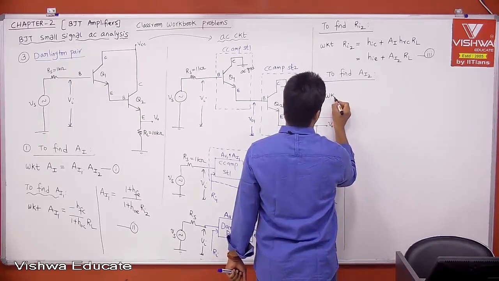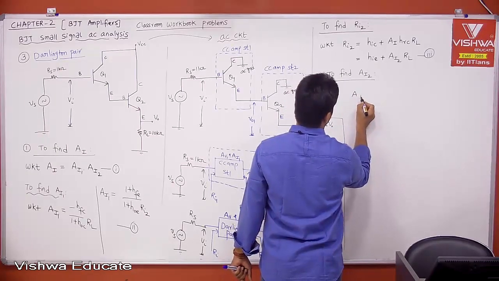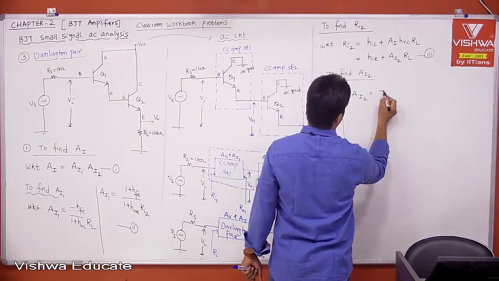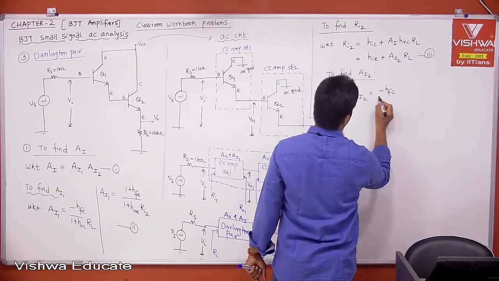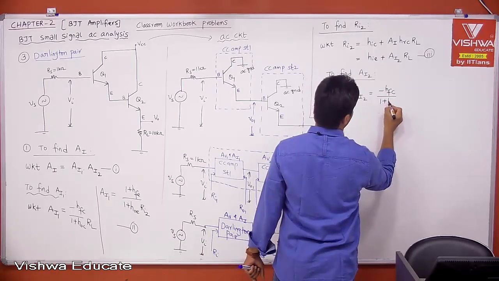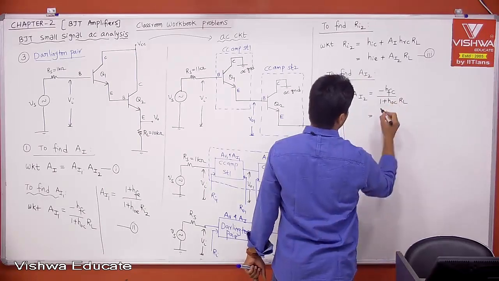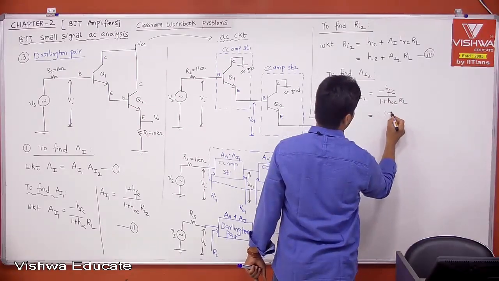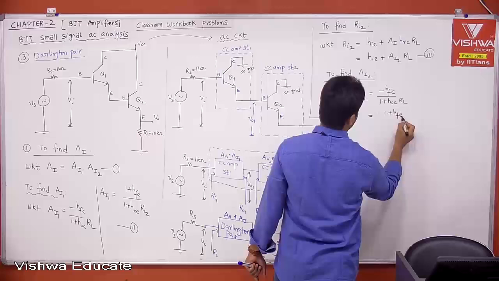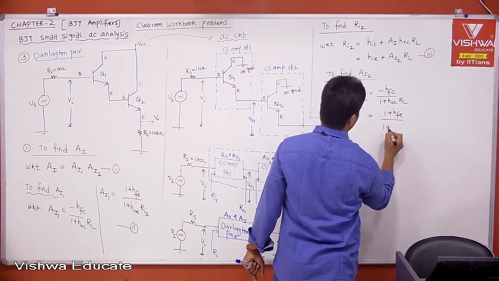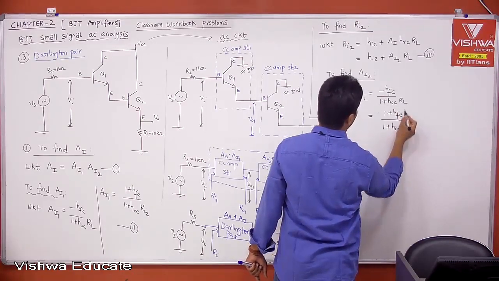we know what the current gain is again. AI2 is equal to minus HFC over 1 plus HOC into RL, because it is a CC amplifier. Converting into CE parameters, minus into minus, plus 1 plus HFE divided by 1 plus HOE into RL.